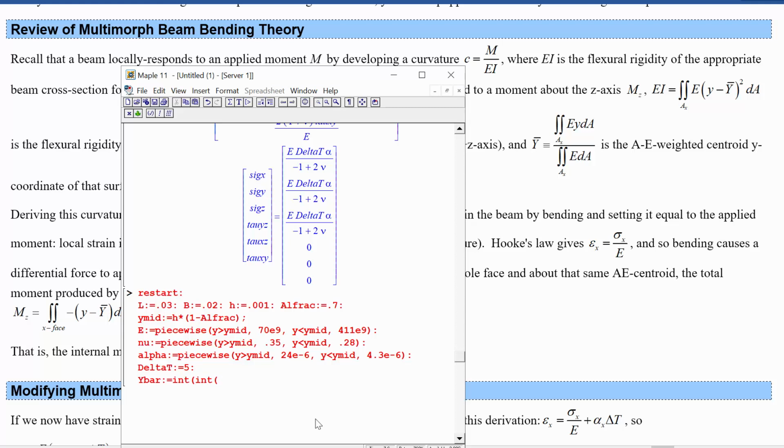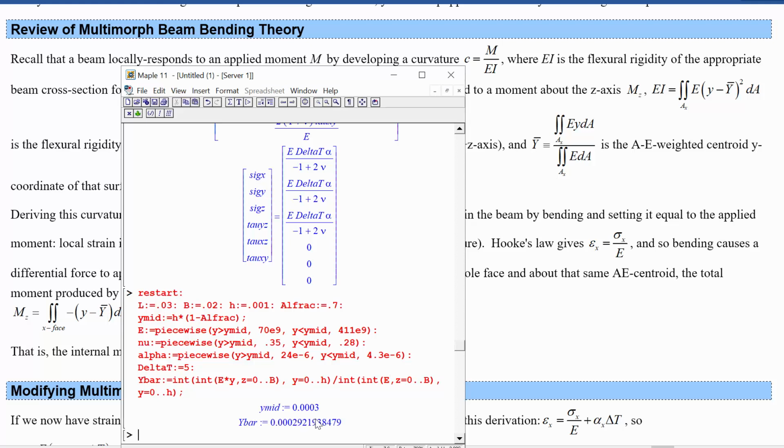So Y bar is the integral over the area of E times Y, from Z is 0 to B, and Y is 0 to H, divided by the same set of integrals, except without a Y. So just integral over E.